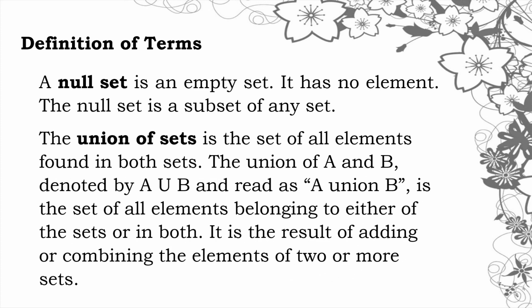The union of A and B, read as A union B, is the set of all elements belonging to either of the sets or in both. It is the result of adding or combining the elements of two or more sets.